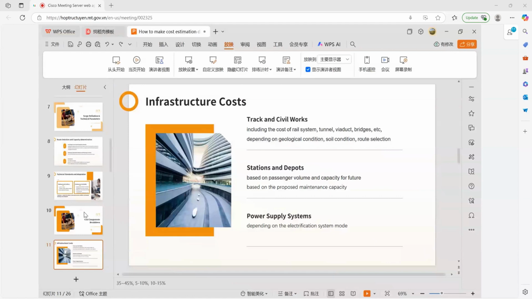And also this part includes power supply system. For this part, we need to take into consideration the mode of power supply and the mode of catenary.